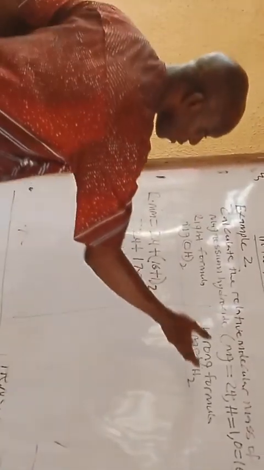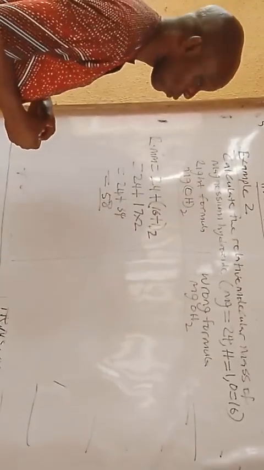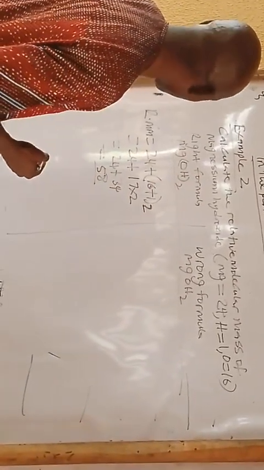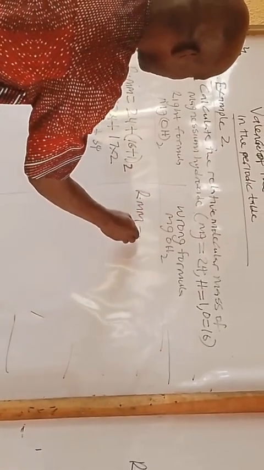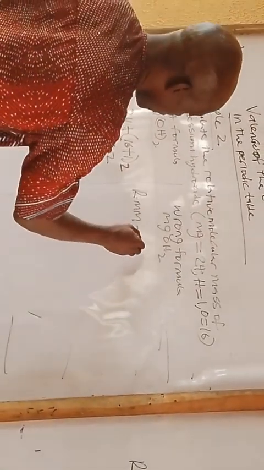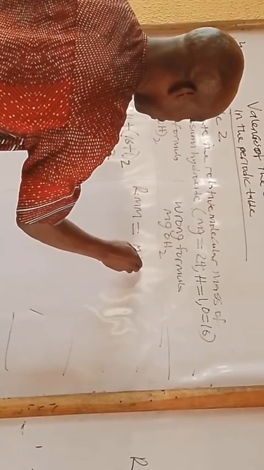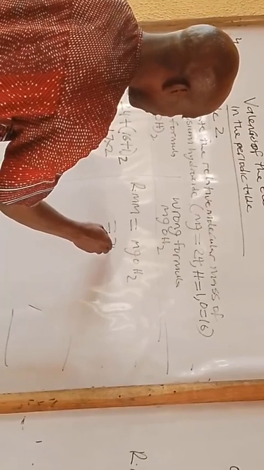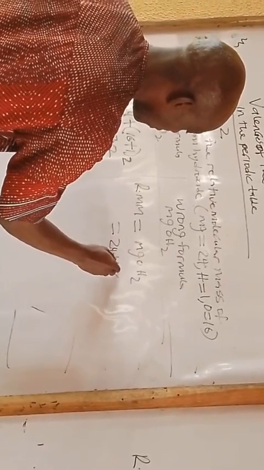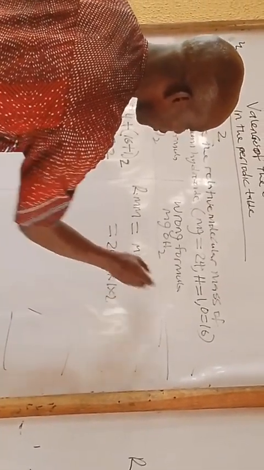Let's assume that the student is using this formula for his or her own calculation. Let's see what the result will be. RMM will be MgOH2, which means that Mg is 24 plus 16 plus 1 times 2. Hydrogen is 1.